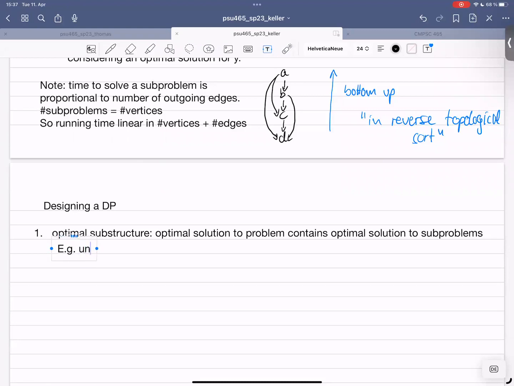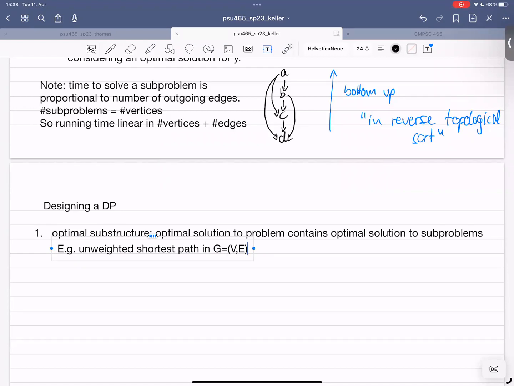If you want to find the unweighted shortest path in a graph, in an unweighted case, a shortest path is always simple. It doesn't traverse the same node twice because you would introduce a cycle, and getting rid of the cycle would shorten the length of this path.